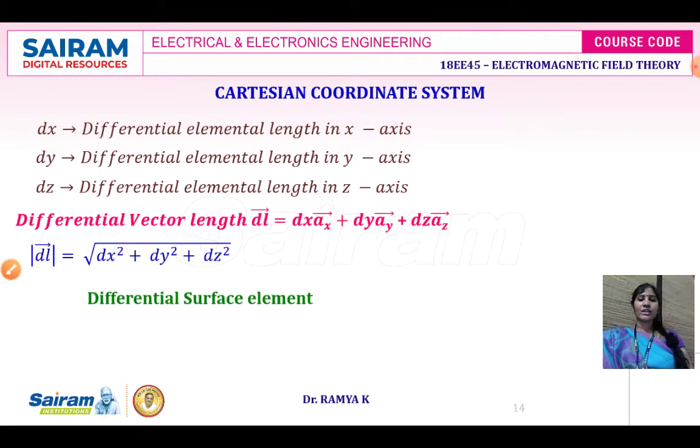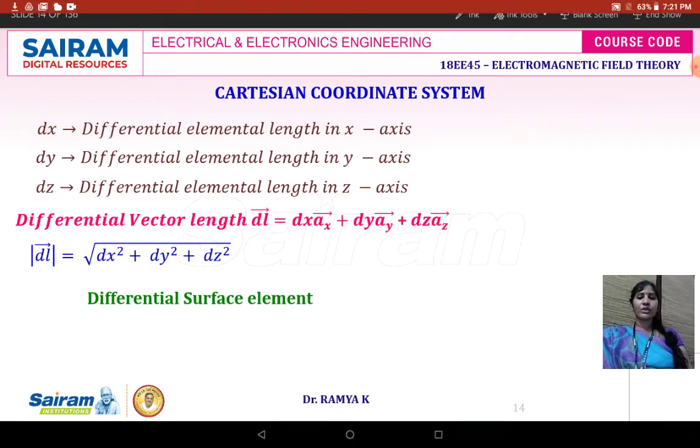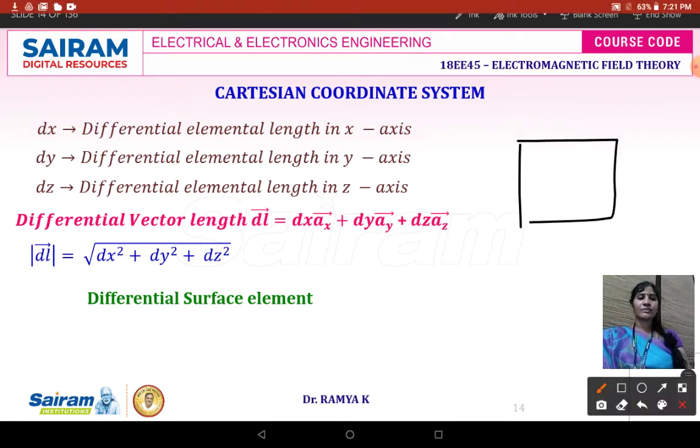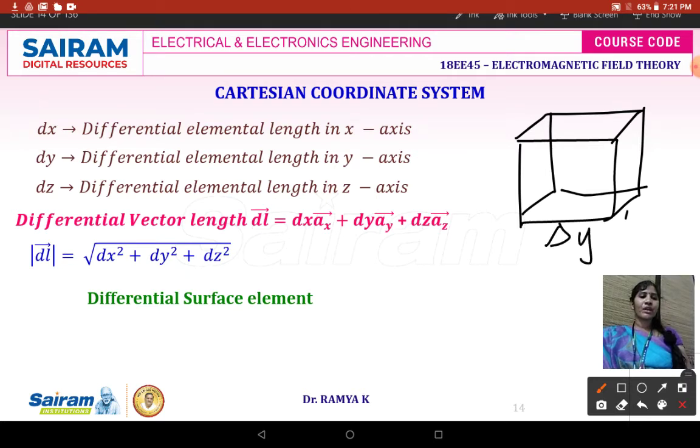Differential surface area. So if you consider a cubical surface, this is going to be del y, del x and del z. So differential surface area ds, area means meter square.